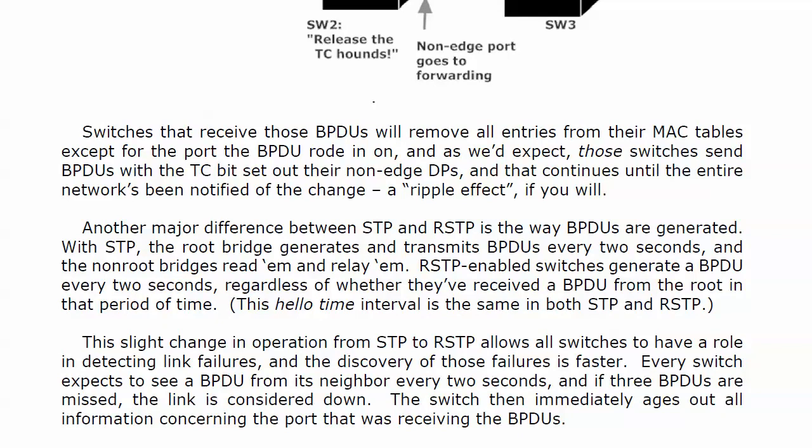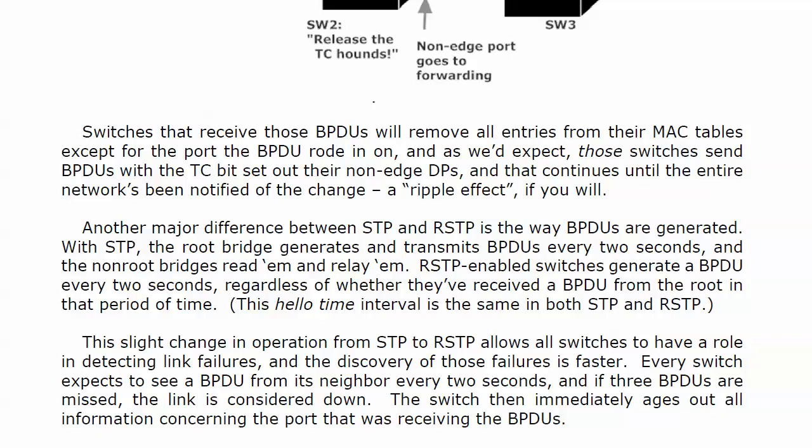Now, that little change in operation from STP to RSTP allows all switches to have a role in detecting link failures, and the discovery of those failures is faster. And we are always in favor of that, because the faster we find the problem, the faster we can get it fixed. In RSTP, every switch expects to see a BPDU from its neighbor every 2 seconds.